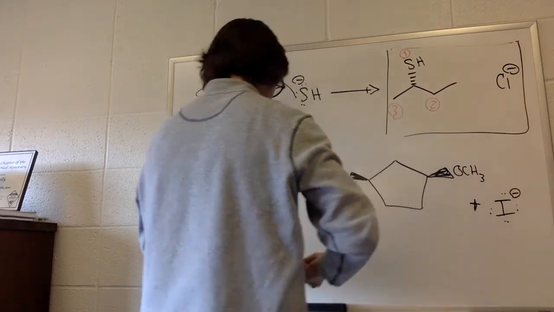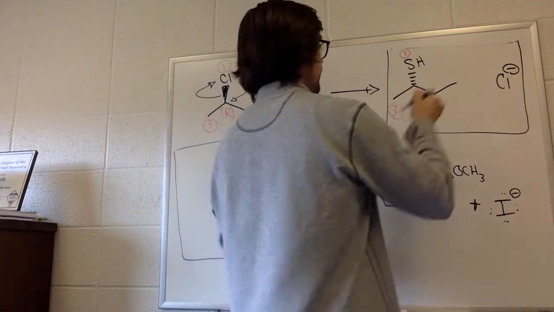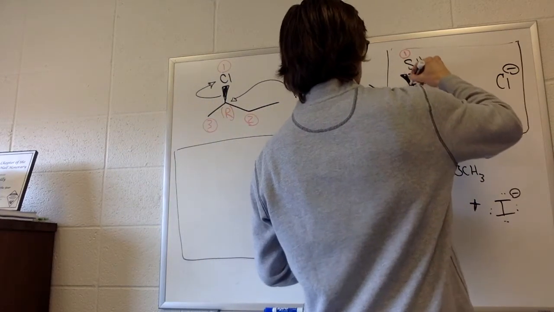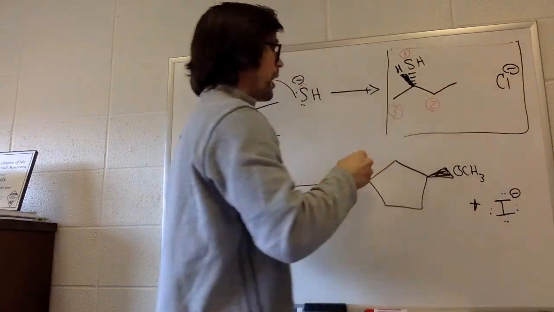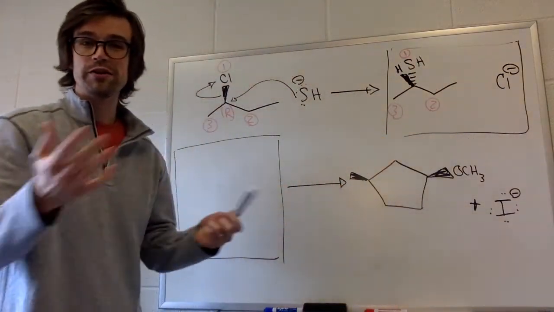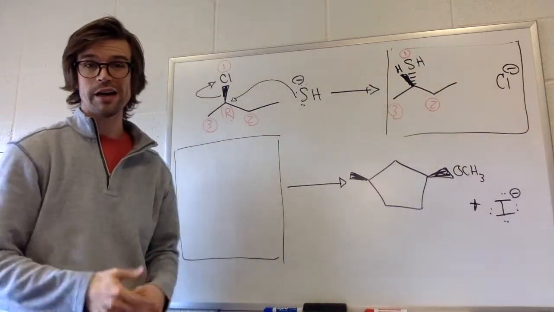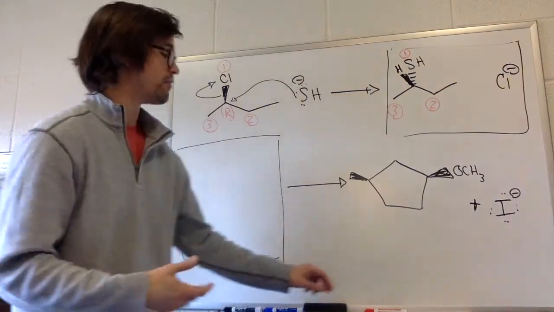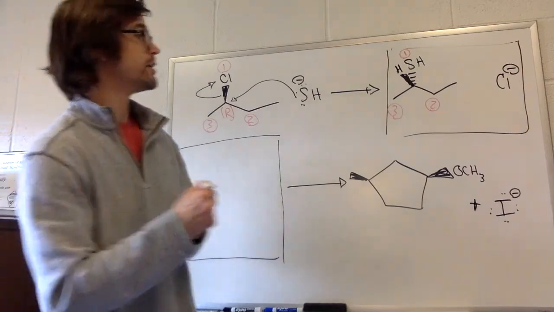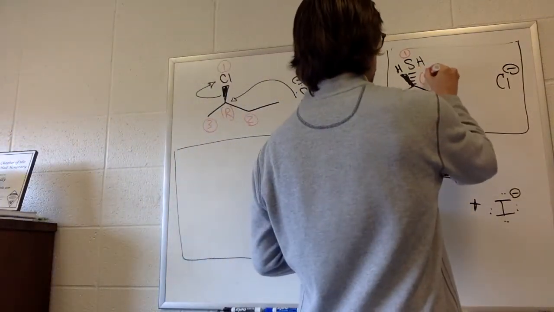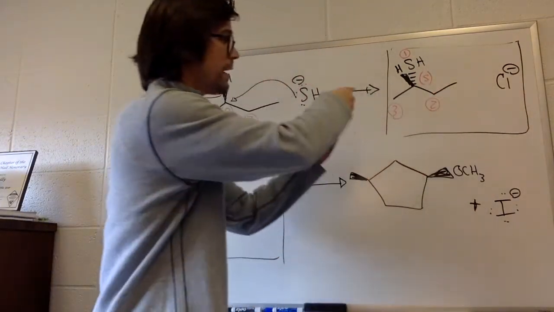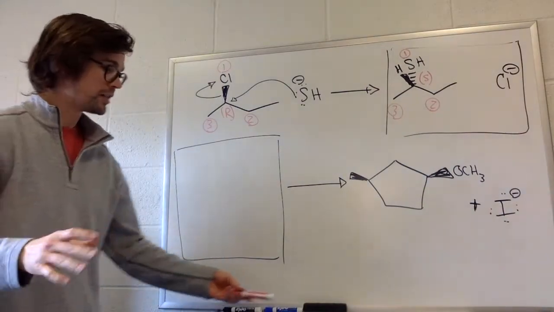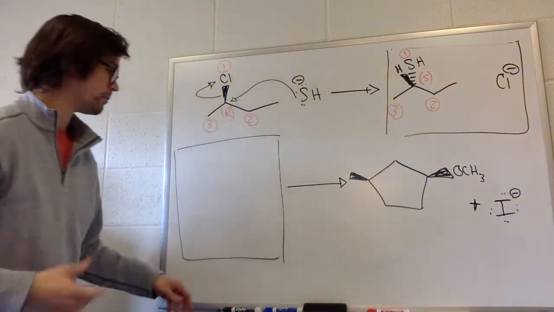But technically, this hydrogen, which is our 4th priority, is in the front. So we would have to do this however you do it. I taught you a lot of different ways to do this in chapter 5. But essentially, the reality is that was R. This is now S, and I promise that that is S. So make sure you're able to figure that out.